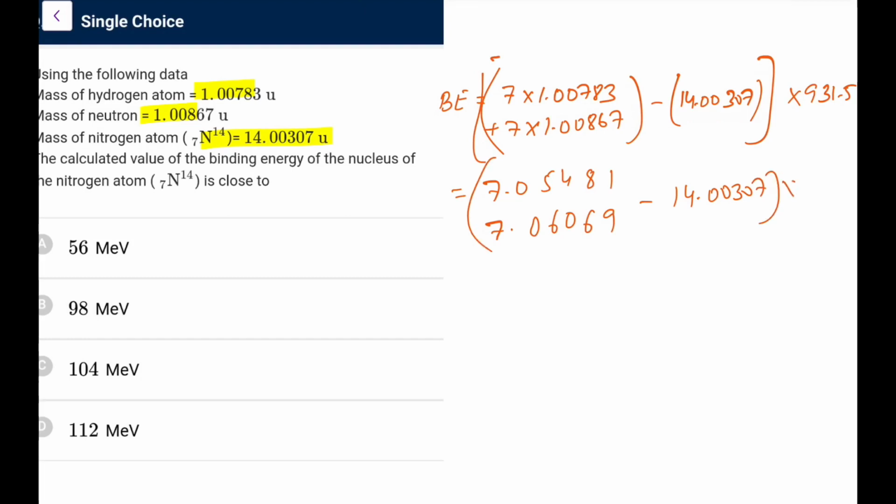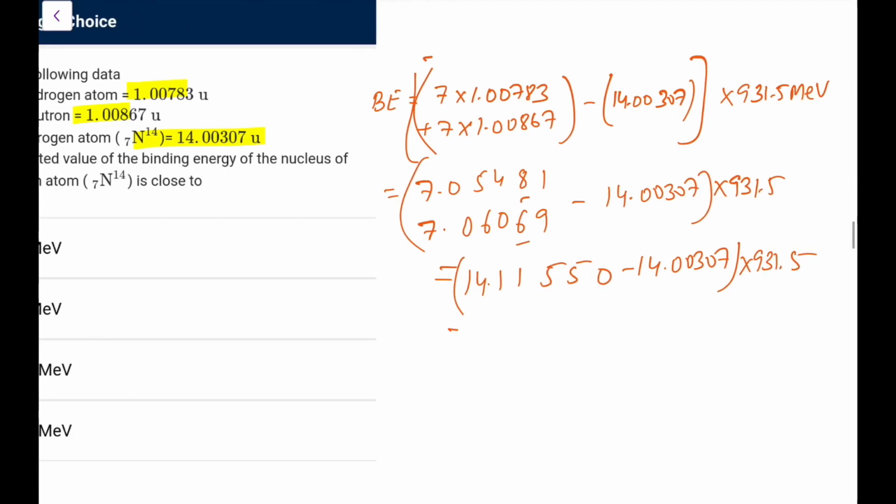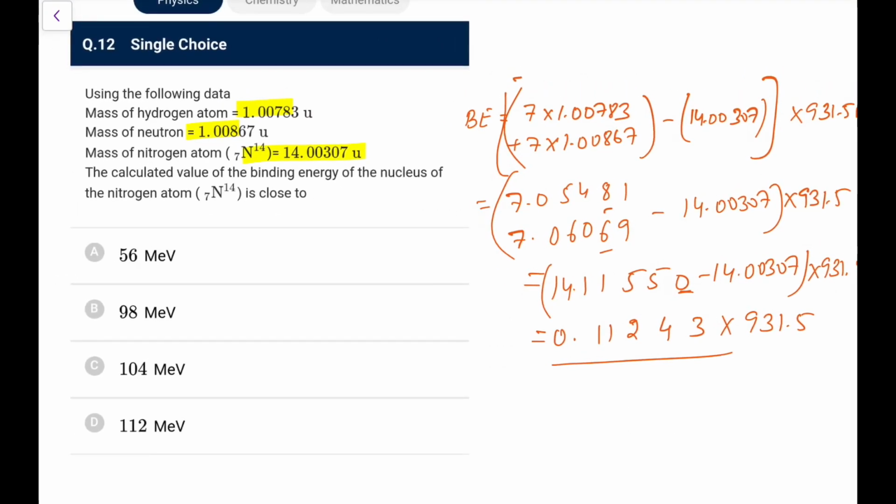Now subtract the digits: 5 and 5, so 0, 10 minus 7 is 3, 4 minus 0 is 4, 5 minus 3 is 2. That gives 0.11243, into 931.5. So it definitely would be greater than 100 for sure.